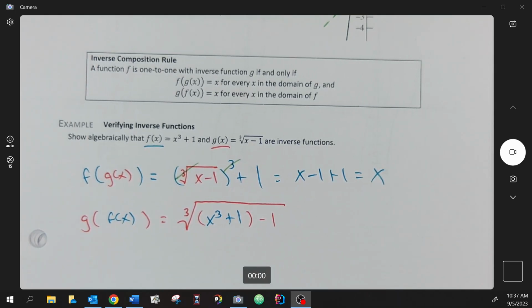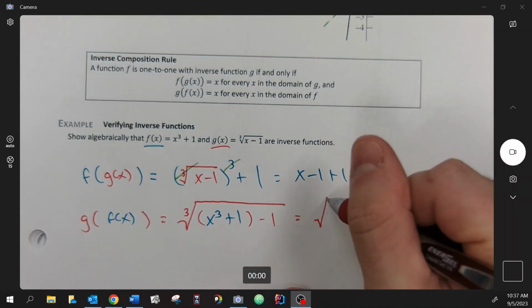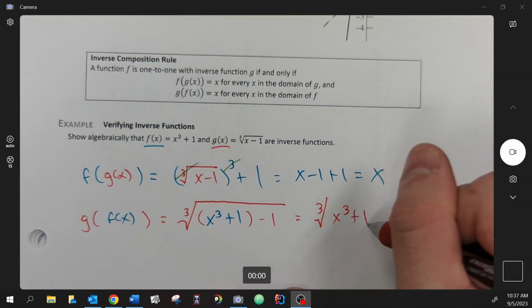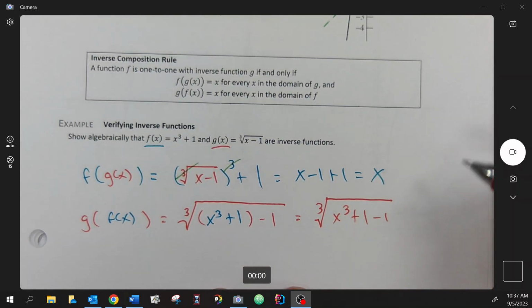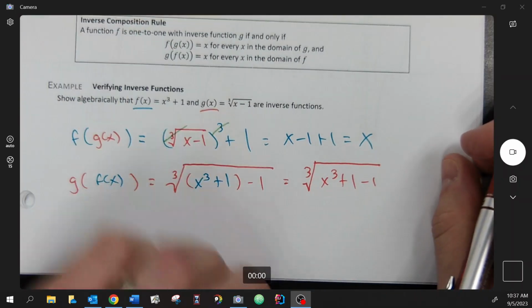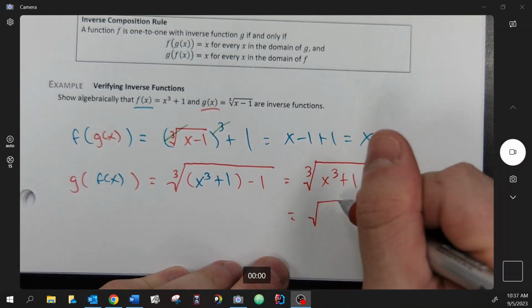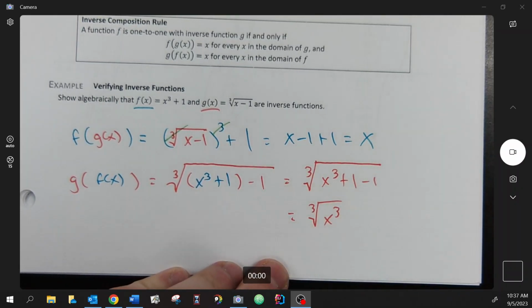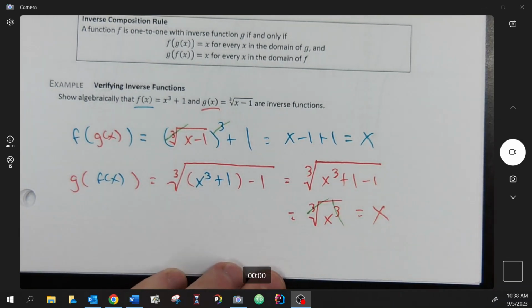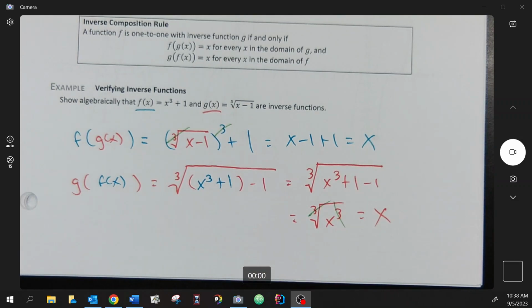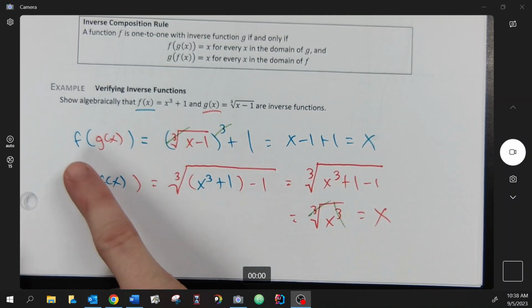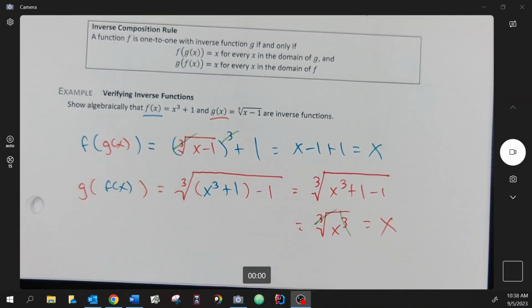So because they did nothing, feel free to not write them. Because the plus 1 minus 1 is going to cancel, we're going to be left with the cube root of x to the third, which we know is x. So since composing in either direction left us with x at the end, we could show that f will cancel g and g will cancel f. Pretty neat, huh?